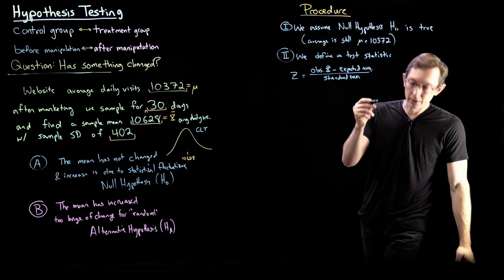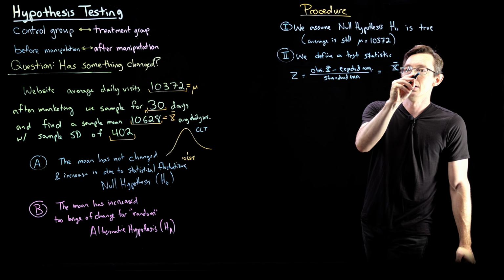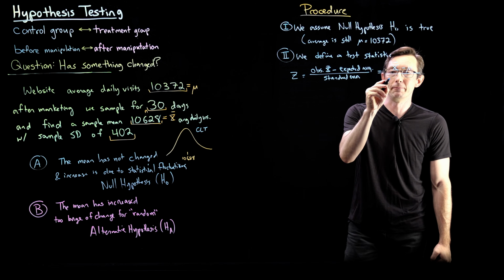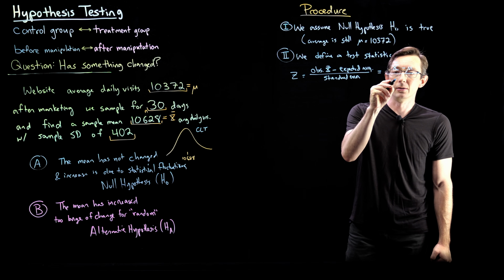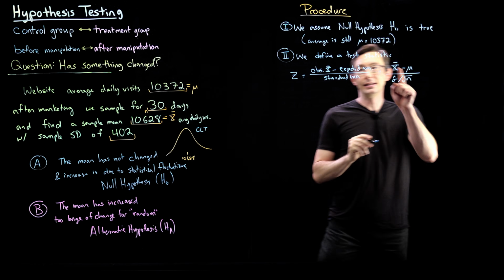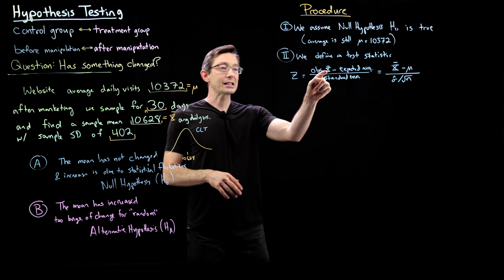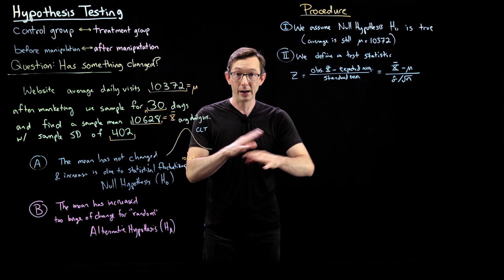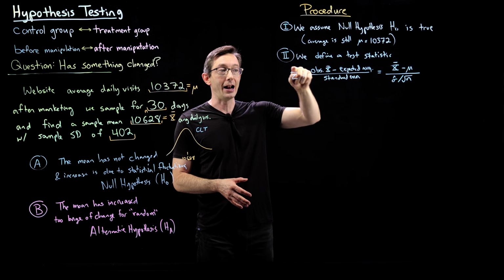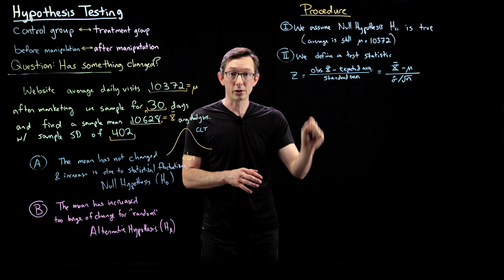So this is literally equal to x bar minus mu divided by the sample standard deviation, I'm going to call it sigma hat, divided by root n. This is going to be what's called my sample statistic. And remember, because x bar is a normally distributed random variable, we can subtract this mean, divide by the standard error, and now z should be a unit normal distributed random variable.